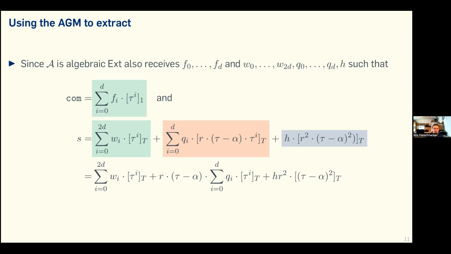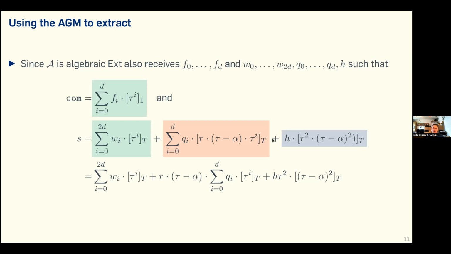So what we end up with here is that this green part is basically just the powers of tau. In the case of S, this goes from 0 to 2D because we can pair those powers of tau with themselves, and then we end up with higher powers of tau. So these are the powers of tau paired with other powers of tau. The red part is just the powers of tau paired with the ciphertext.